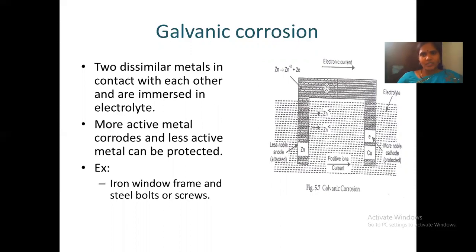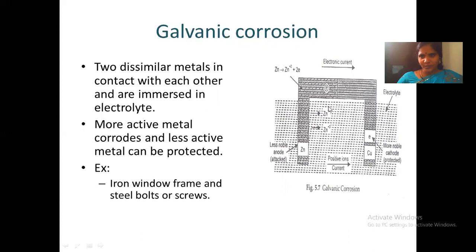When such two different metals are in contact, the one with high oxidation potential, the more active metal, will act as anode and undergoes corrosion. The other metal, which is less active, will act as cathode and can be protected.